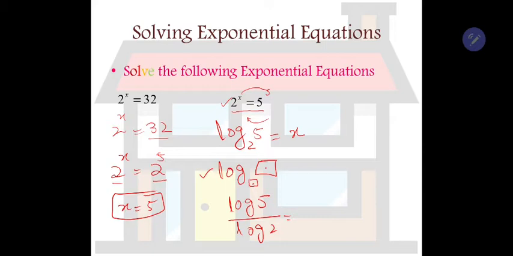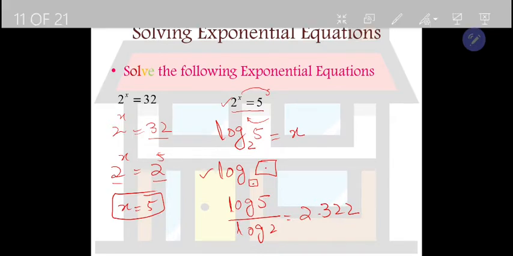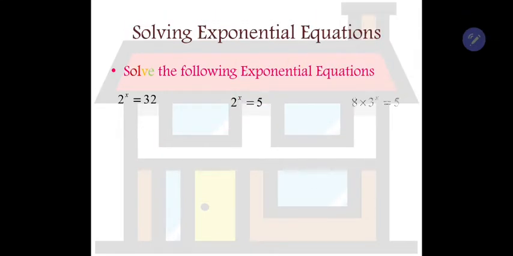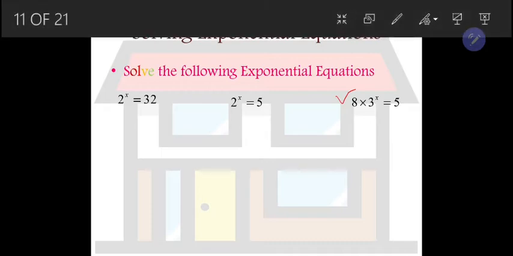So in this case, the answer is going to be 2.322. I want you to try out this one and find an answer for x, and then share your answer with me through an email.